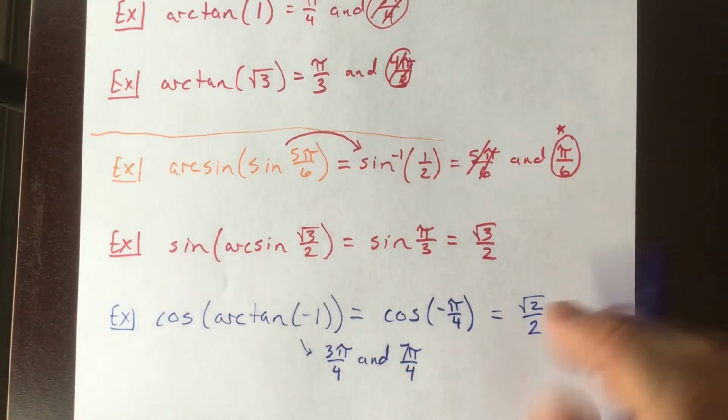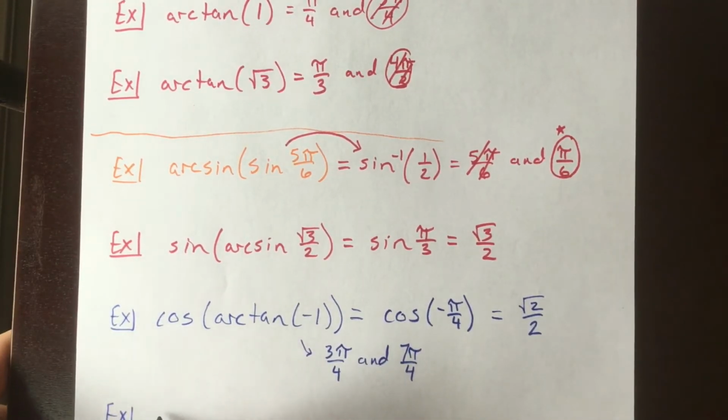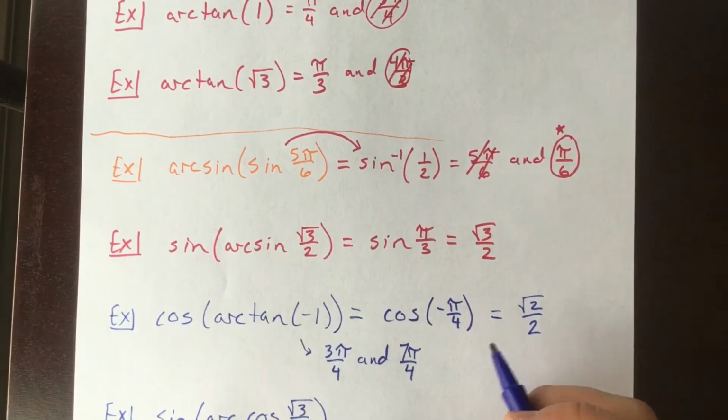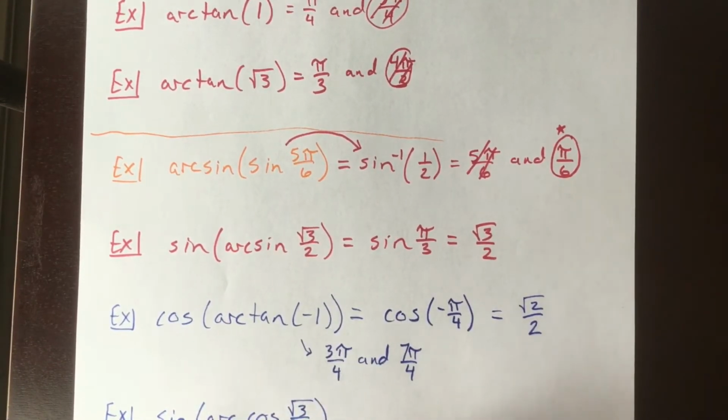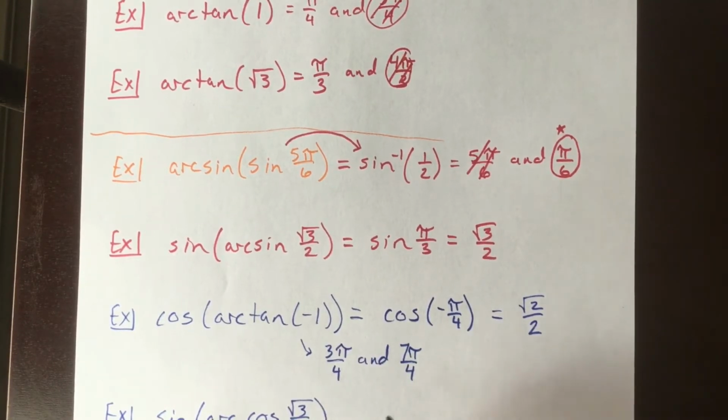Okay, so let's try another. So sine of arc cosine of square root of 3 over 2. Cosine is square root of 3 over 2 at pi over 6, and where else would it be? 11 pi over 6, in the first and fourth quadrant.